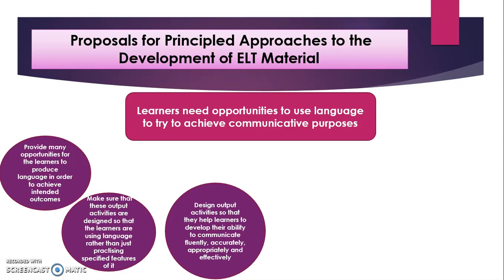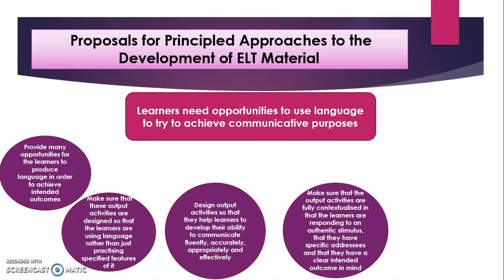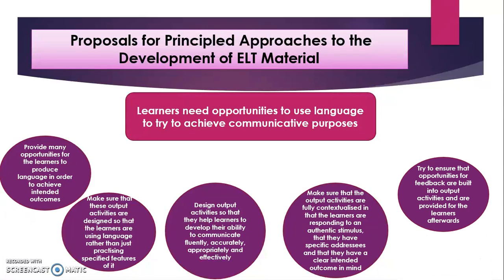Design output activities so that they help learners to develop their ability to communicate fluently, accurately, appropriately, and effectively. Make sure that the output activities are fully contextualized and that the learners are responding to authentic stimuli that they have experienced, and that they have a clear intended outcome in mind.